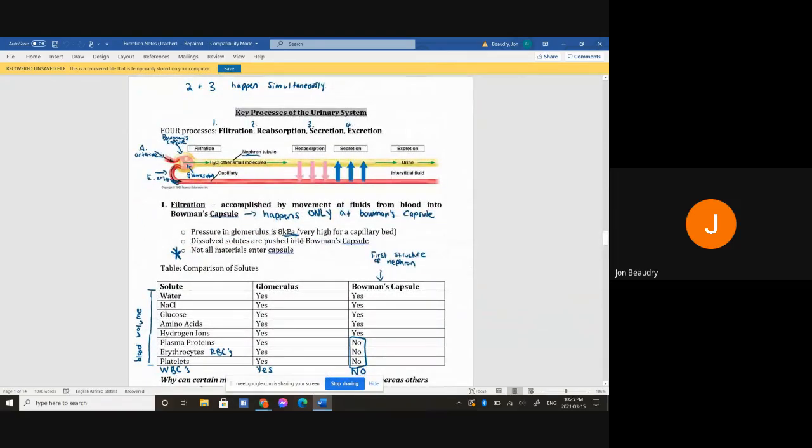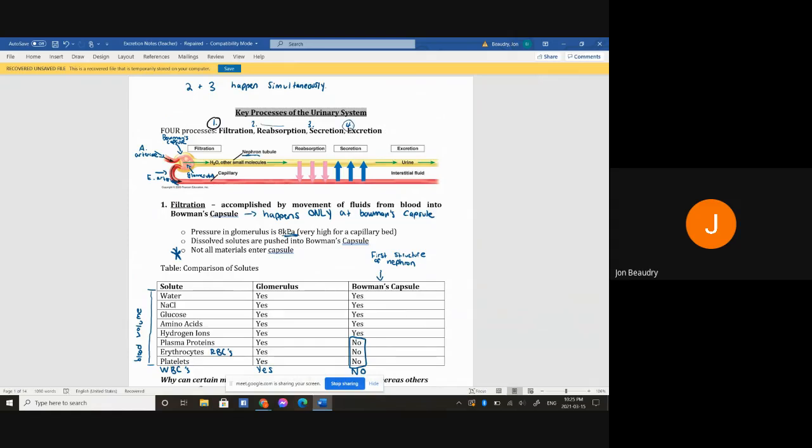Yesterday, we ended by introducing the processes of the urinary system. All right, so we talked about anatomy of my excretory system, my kidneys, and my nephron specifically, but we didn't really talk about how they work or what I can call the physiology behind it. And this is the physiology here, these 4 processes. Now, as a reminder, it begins with what I call filtration, and it ends with finally excretion.